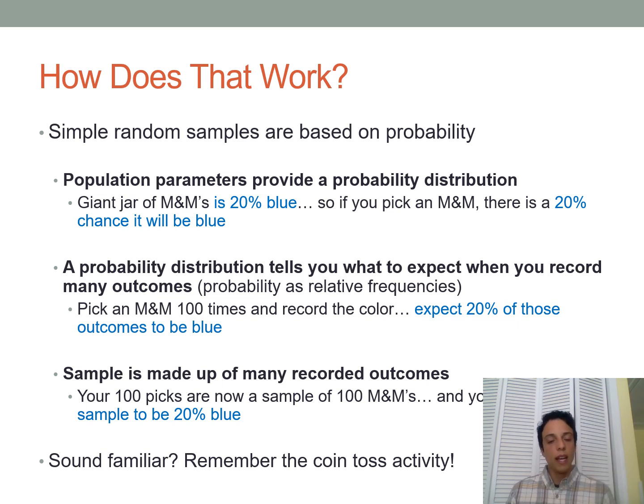And what we saw was that each of our samples and our overall class sample of outcomes started to resemble that probability distribution that we started with. So this is that same principle of probability. We're now just saying that when we record all those outcomes, what we're doing is taking a sample. So sampling refers to this process of recording many different outcomes of some probabilistic process, and then treating that set of outcomes as the data you can actually see.